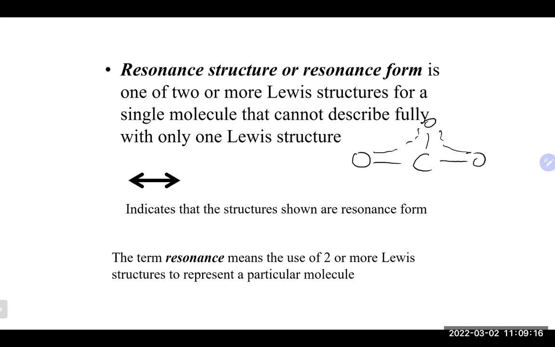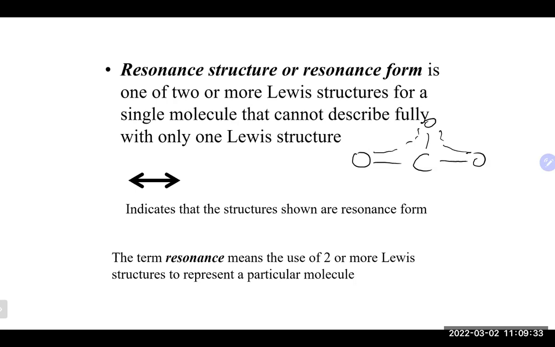So at any given point in time, you could have it up on top, for example, in this one, to the left or to the right. So we could draw equivalent structures for a molecule like CO3 2 minus to illustrate that.